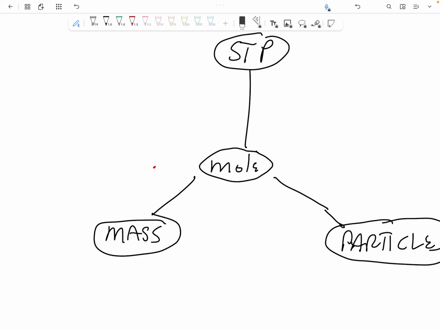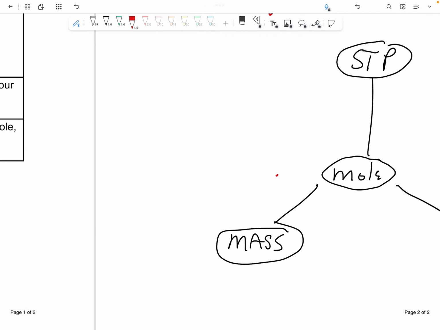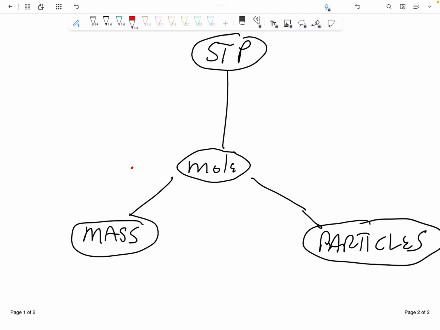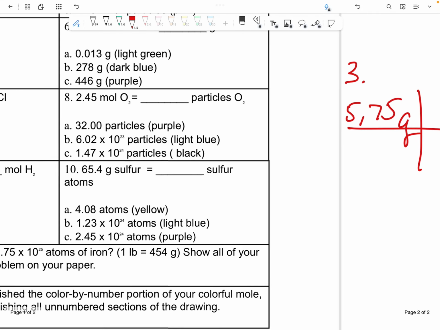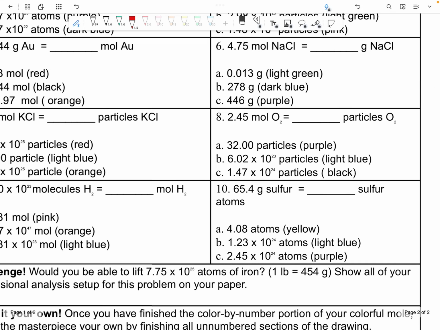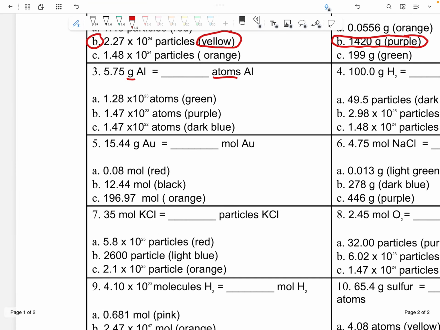So we've got to go from mass, go to the mole first, and then from the mole, we got to go to the particle, which is no big deal. The conversion is, for this first one, 1 mole over 27 grams. That's the molar mass of, is it aluminum? Number 3. Yeah, it's aluminum.